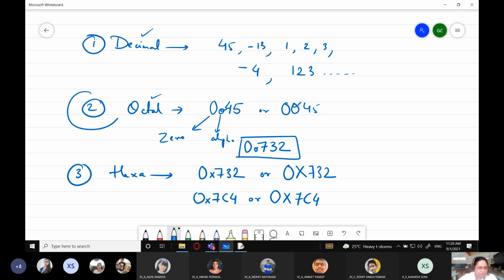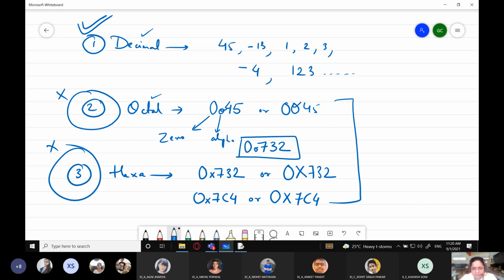Now, these two are rarely used. We don't use them much. What you have to concentrate mainly on is decimal numbers only, decimal literals only. तो ये आप theory में पढ़ रहे हो, ठीक है? You should know that we can create octal and hexadecimal literals also, but mainly you will be using what? Decimal literals only.